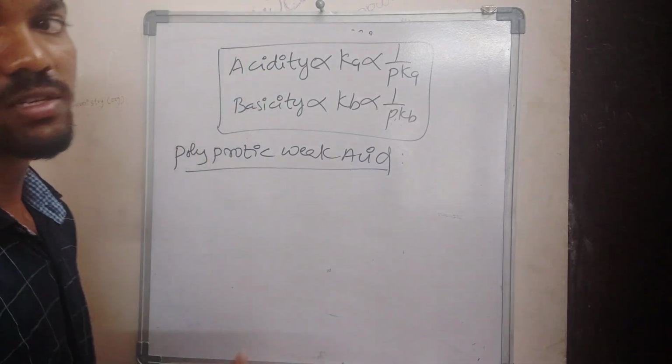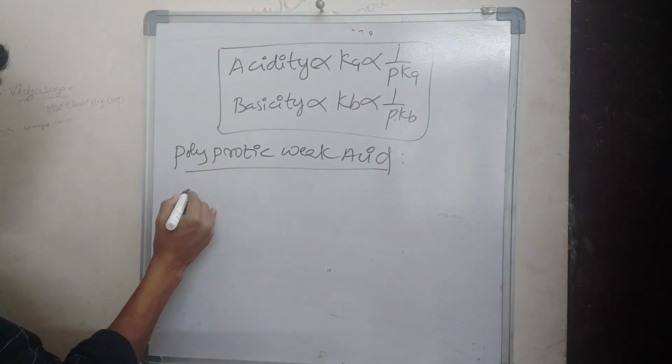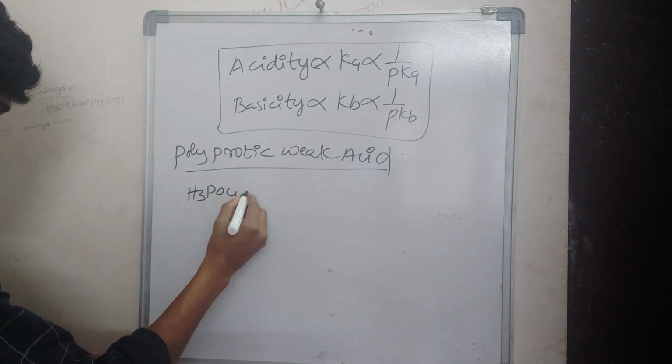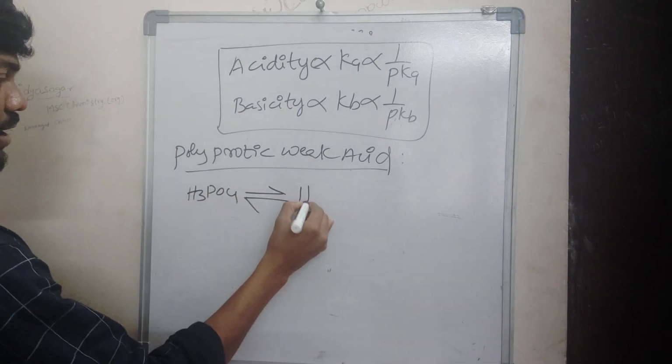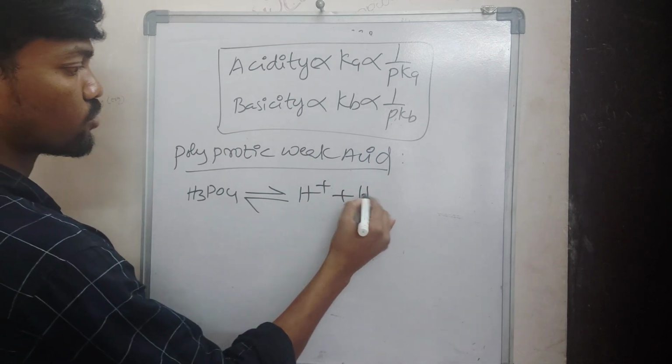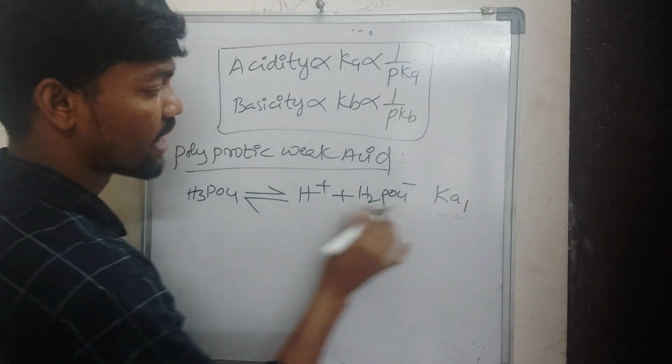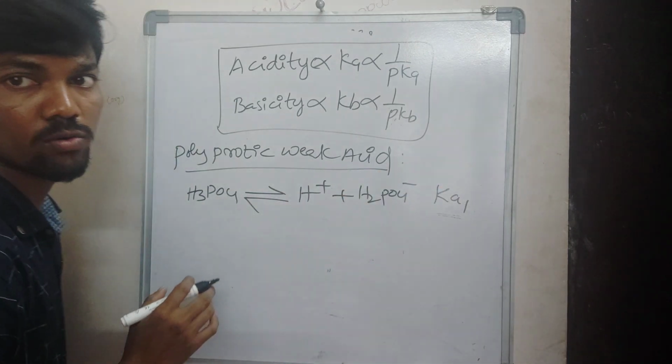So one compound is there. I will tell you what happens here. H3PO4 gives rise to H plus and H2PO4 minus. This is Ka1, which you have to remember.